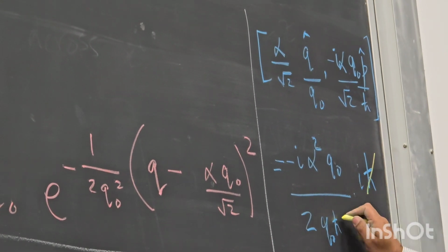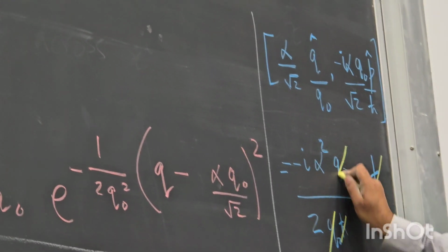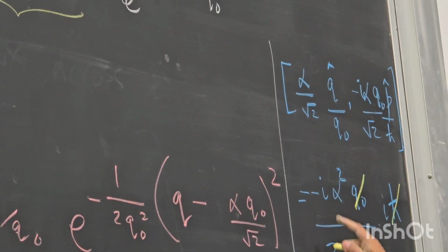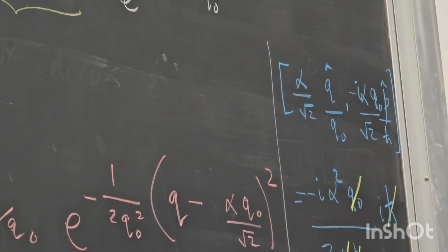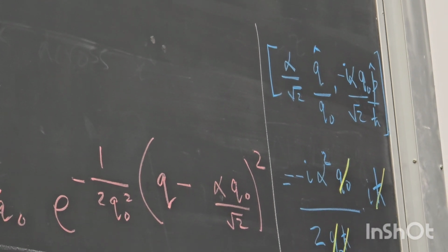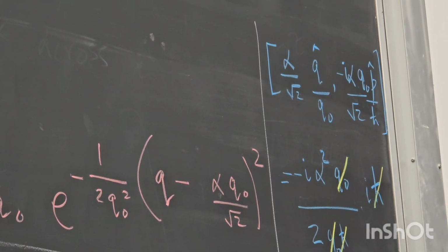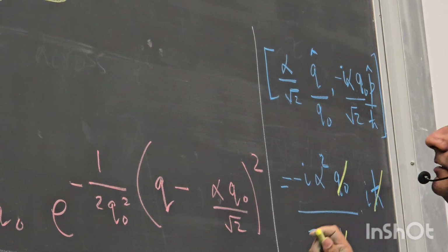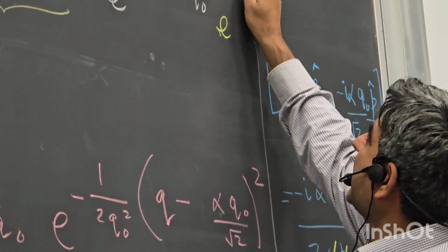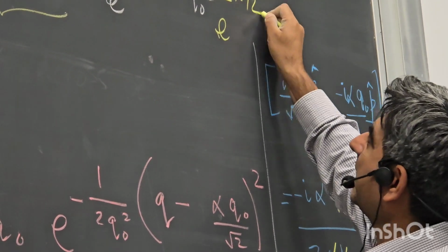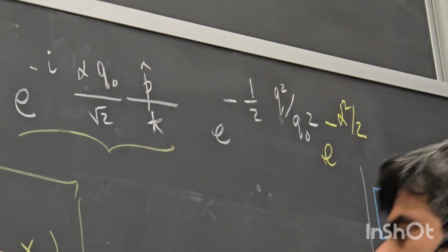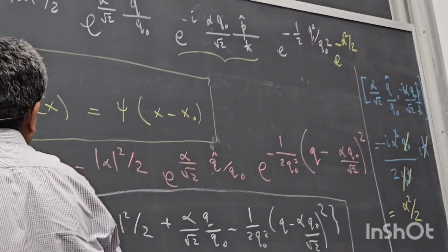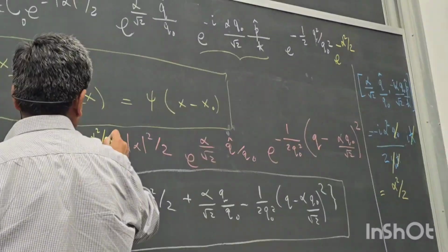So this h bar goes away, q naught goes away, and I'm left with minus iota squared alpha squared over 2. So there is really another e raised to the power minus alpha squared over 2. Not an alpha mod square, an alpha squared over 2. So I want to put that term here, e to the minus alpha squared over 2.